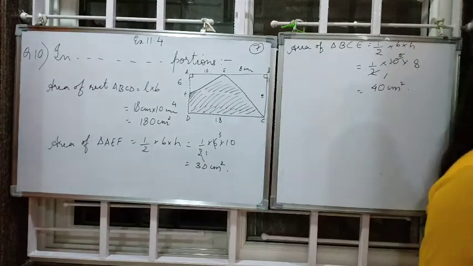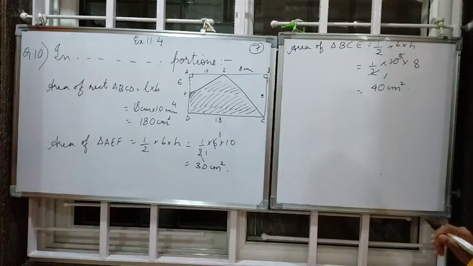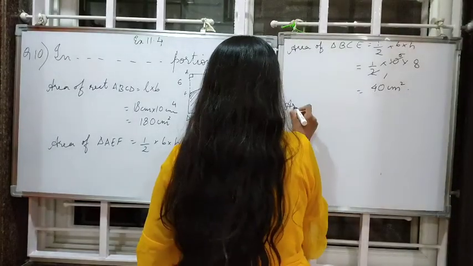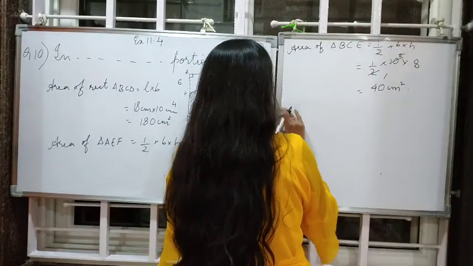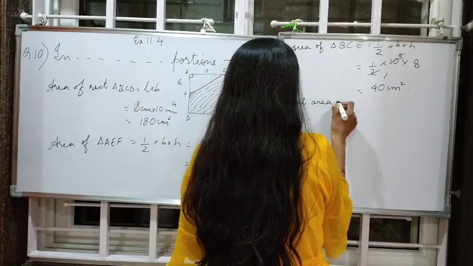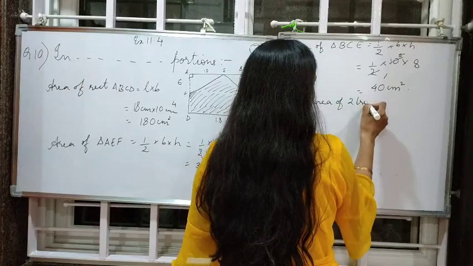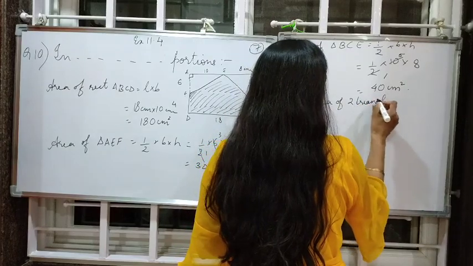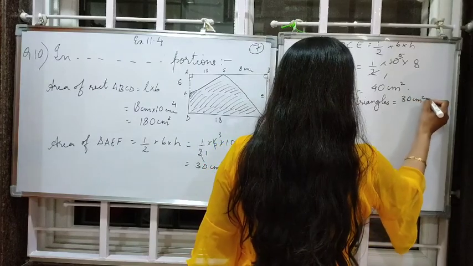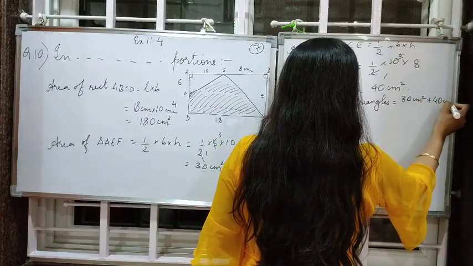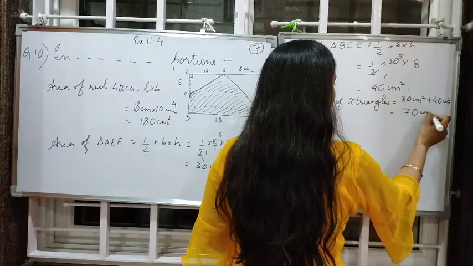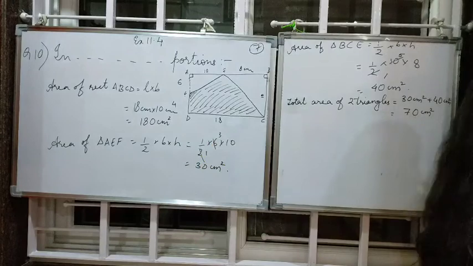Then we find the total area of the two triangles. So we write total, which is equal to 30 centimeter square plus 40 centimeter square, which is equal to 70 centimeter square.